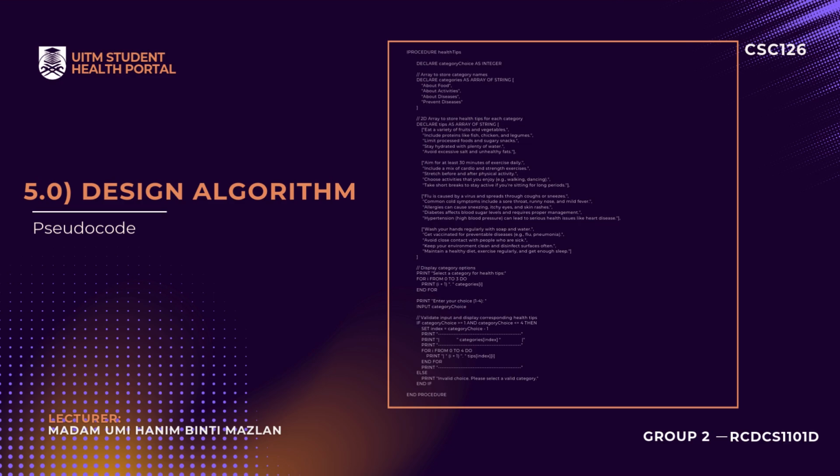For option 3, the user will be able to calculate their BMI. For option 4, the user will calculate how many calories they burn throughout the day. And for option 5, the function called display emergency contact will be called.